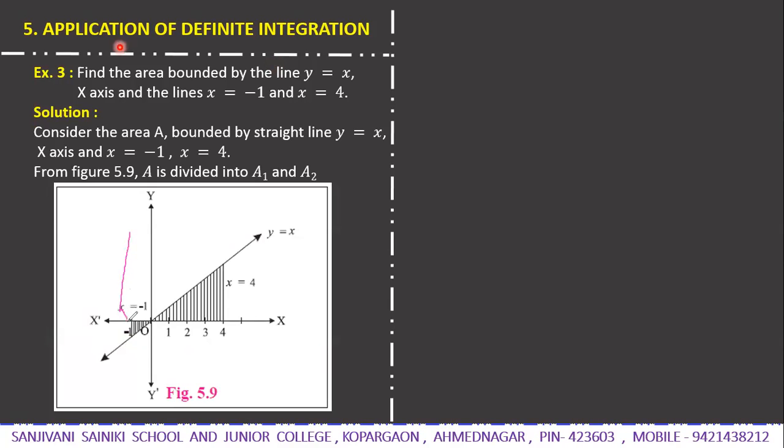This is your -1 and this is your +4. We want to find the area between these two lines. So we cannot directly integrate from -1 to +4. First of all we will find this area -1 to 0, and then we will find this area 0 to 4.